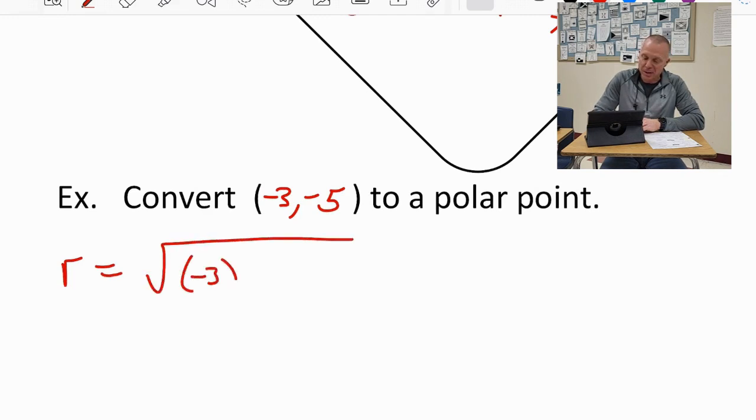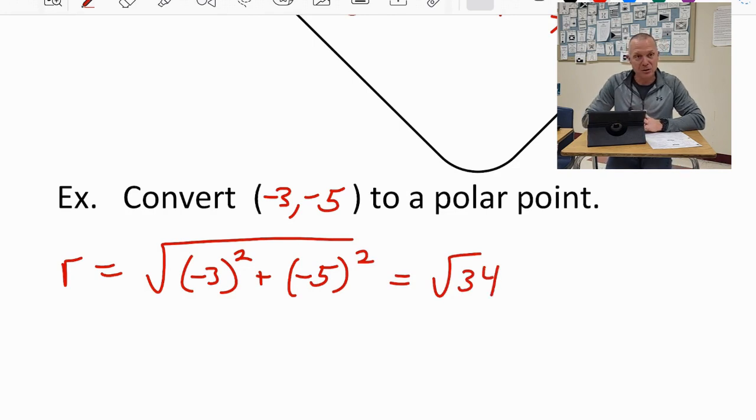Of course, I did give you two negative numbers, nothing too terribly tricky. Make sure if you're using your calculator that you're using it correctly. Better yet, you can just square this and get the square root of 34, which you may leave your answer in that form. If you did turn it into a decimal, which is fine also, you would get 5.83.